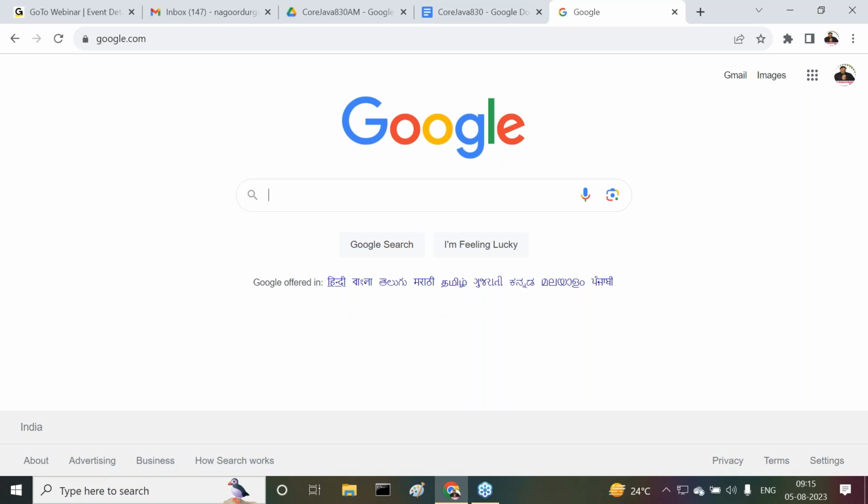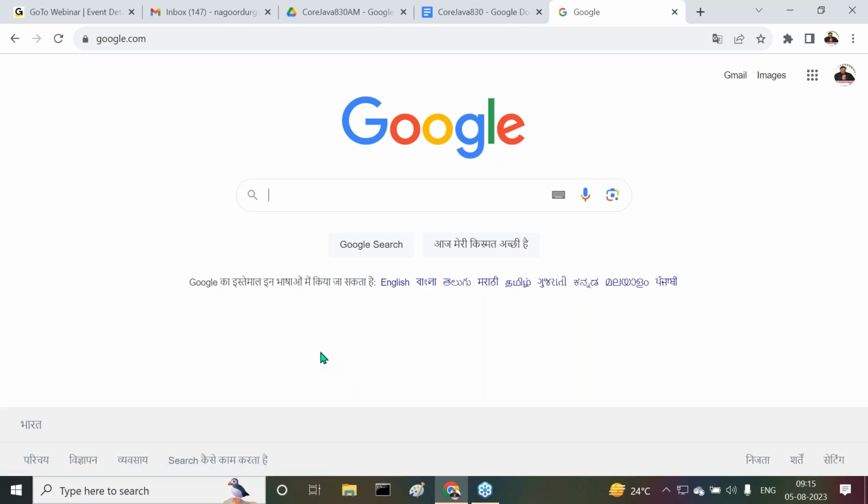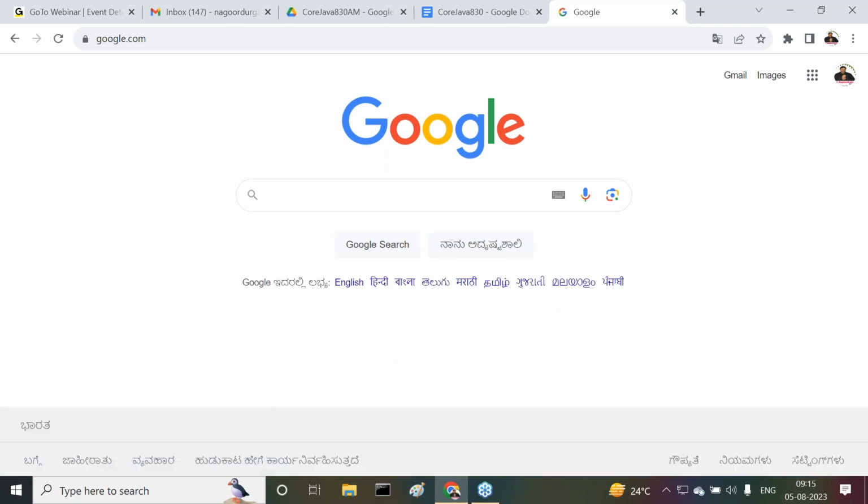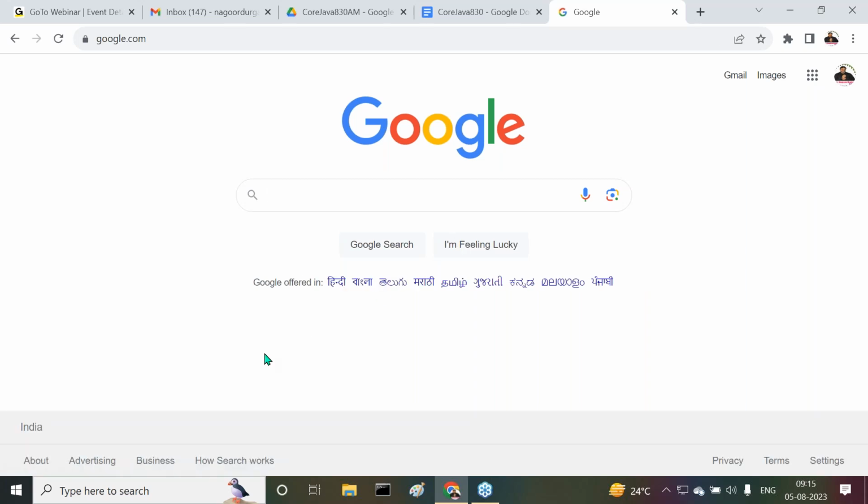For example, if we click on Hindi, the entire service is provided in Hindi. If I click on Marathi, the total service is in Marathi. Kannada, Telugu, the same. In English, we get all the services in English.